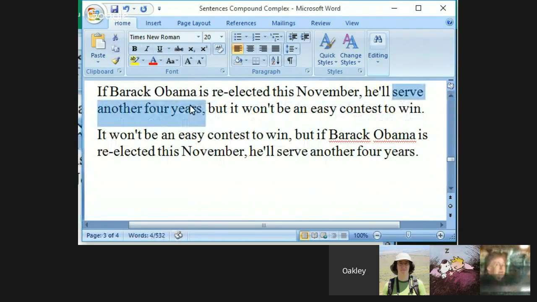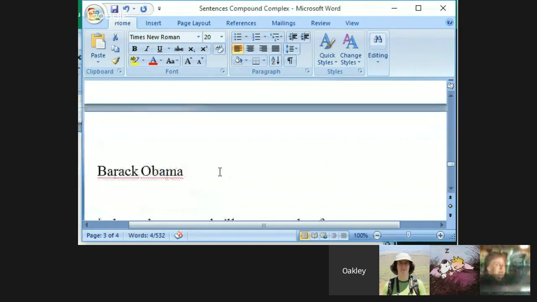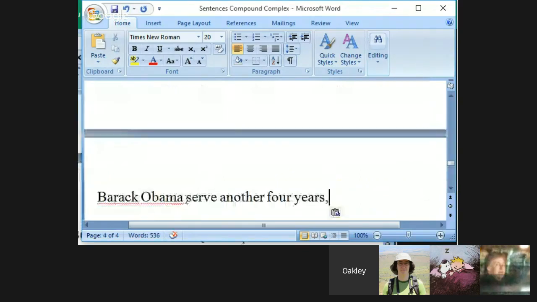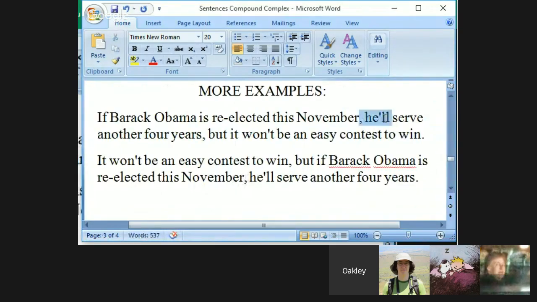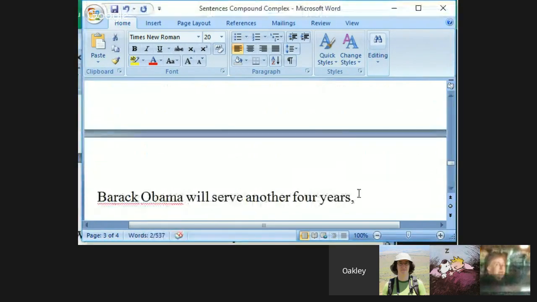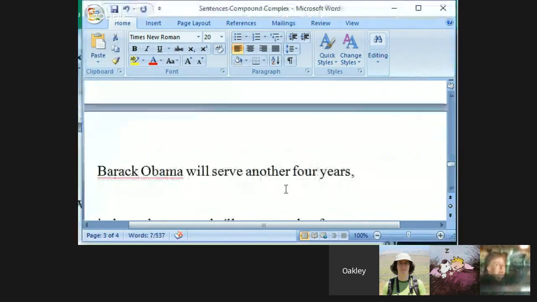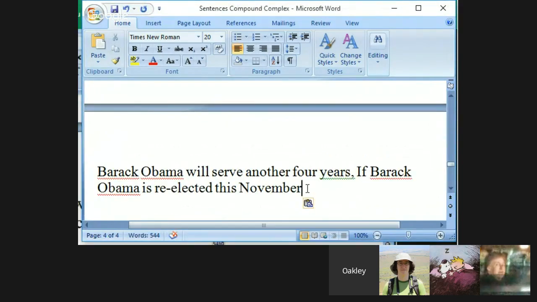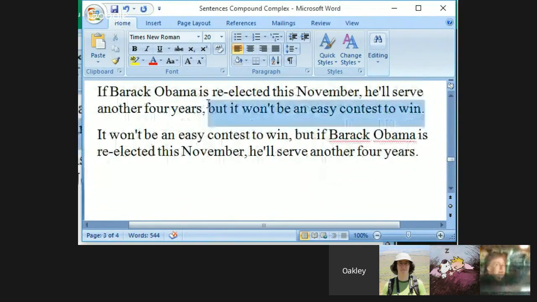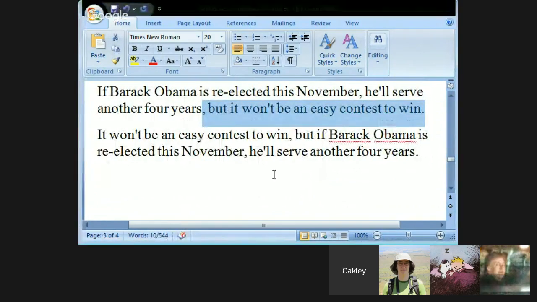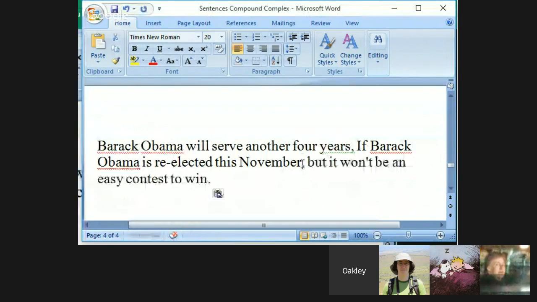If we're going to rework the sentence a little bit, we have to concern ourselves with the pronoun here. So, Barack Obama will serve another 4 years, and then the if clause: if he is re-elected this November. And then your final independent clause: it won't be an easy contest to win. Well, there you go.